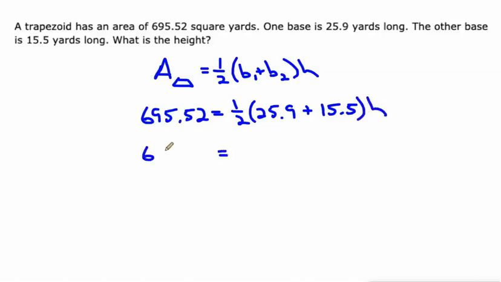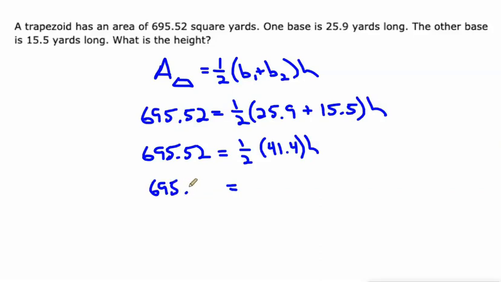So first thing to solve this equation, let's add those bases. So 25.9 plus 15.5, that's 41.4. And then let's take half of that sum.